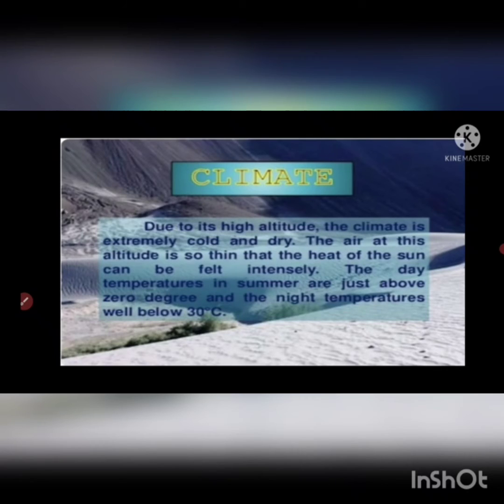The day temperatures in summer are just above 0 degrees, and the night temperatures are well below minus 30 degrees Celsius. As compared to the Sahara Desert, where there is scorching dry heat, in Ladakh there is extremely cold and dry wind because of the high altitude.